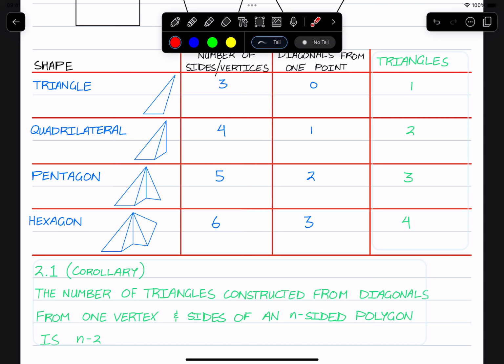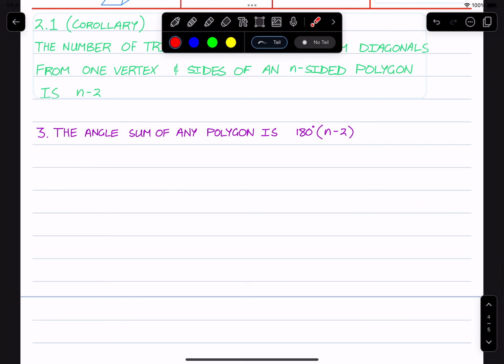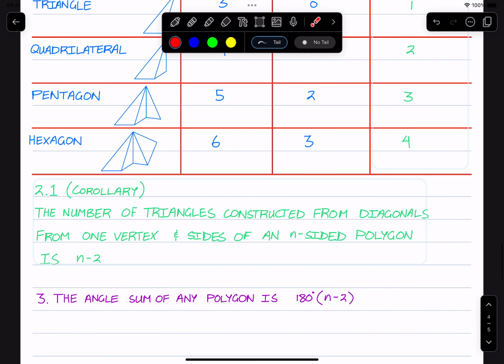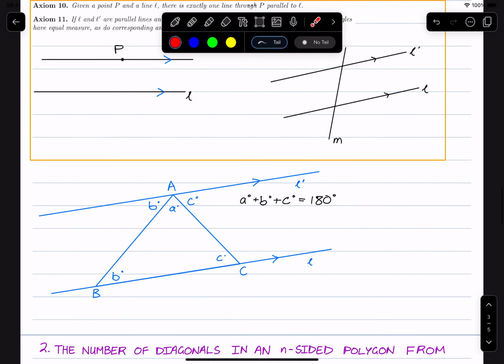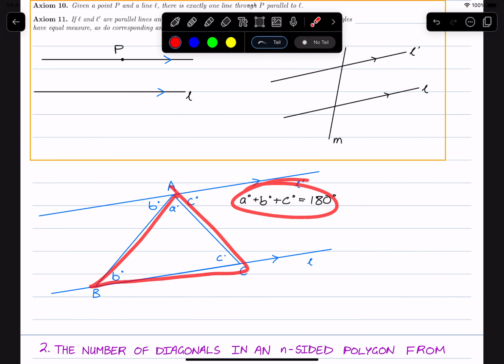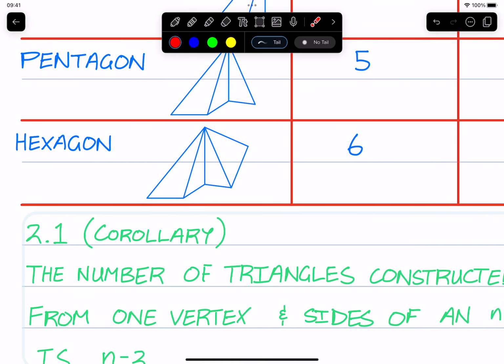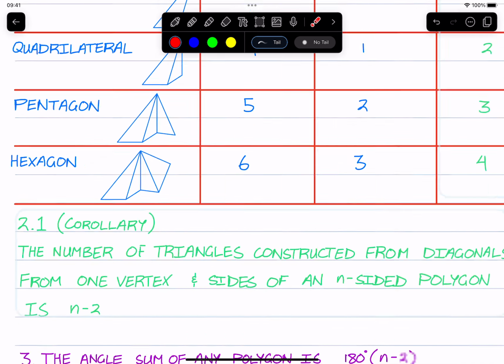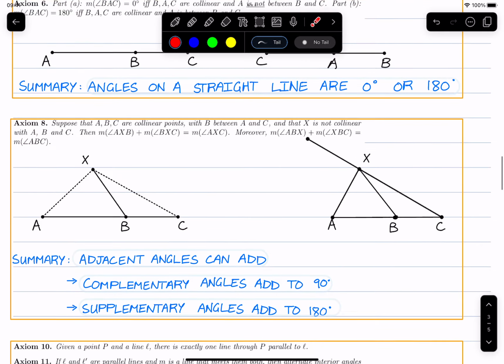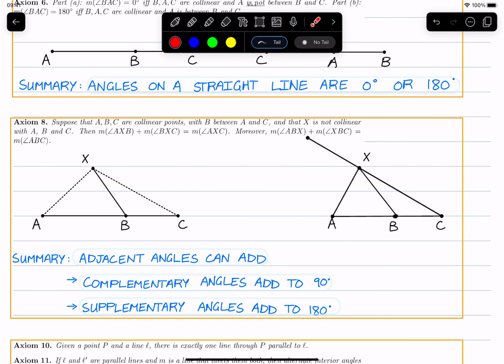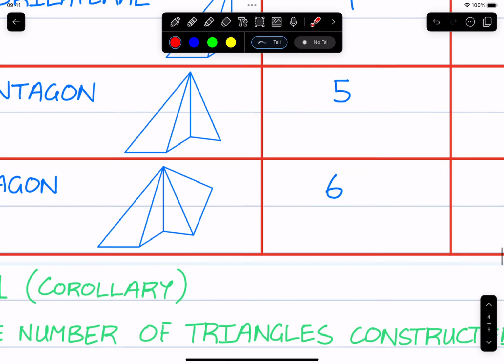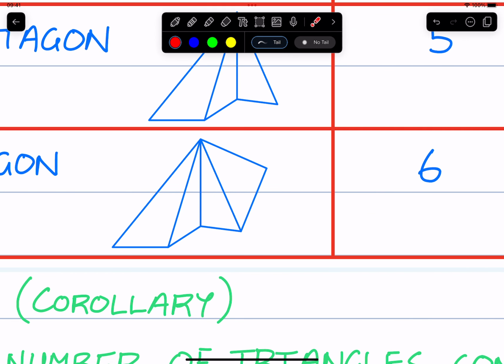Now I'm going to use the last theorem, well, multiple theorems now. The previous theorem is that the angle sum of a triangle is 180 degrees. So applying that theorem, each of these triangles must have an angle sum of 180. Now, applying the previous axiom that adjacent angles must add, if we look back down here, these 2 angles are adjacent, so they must add.